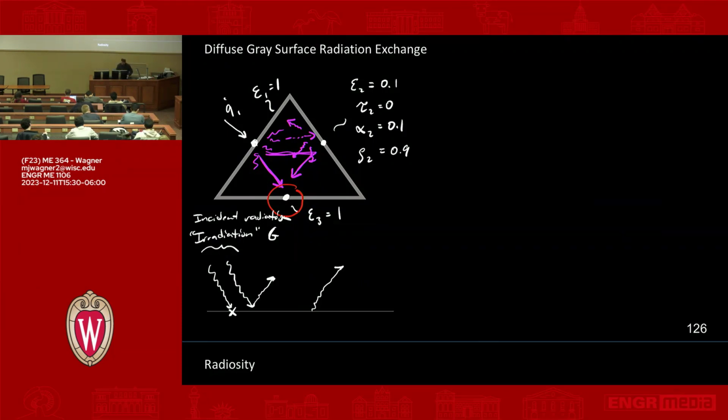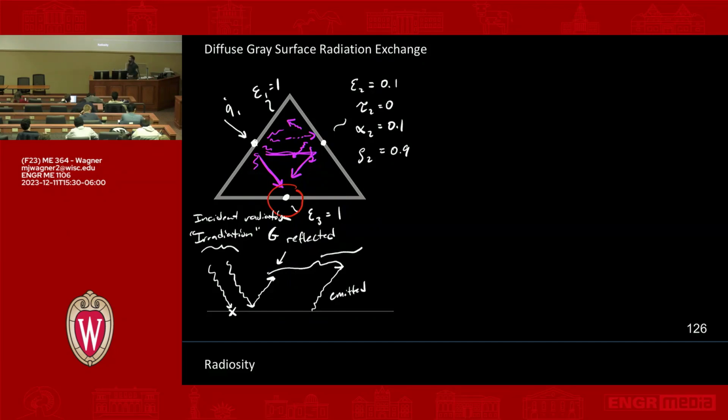Then there's this reflected component. This is reflected. The stuff that's leaving, this total stuff here, I'll draw this bracket again. This stuff leaving is a combination of what's being emitted and what's being reflected. This over here was emitted.